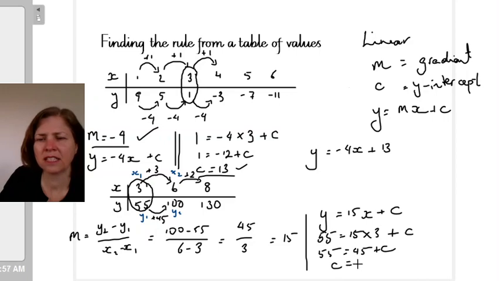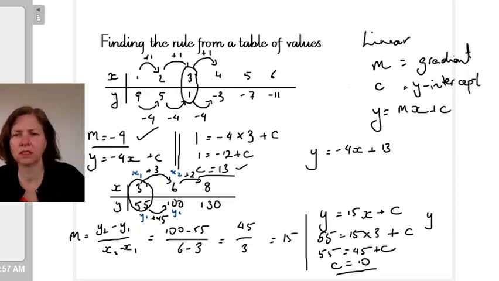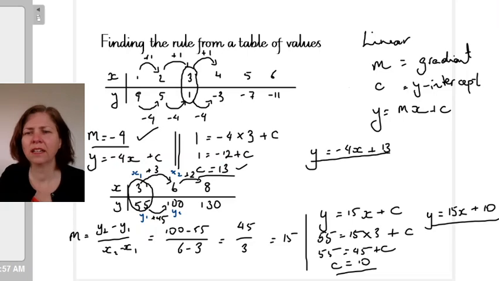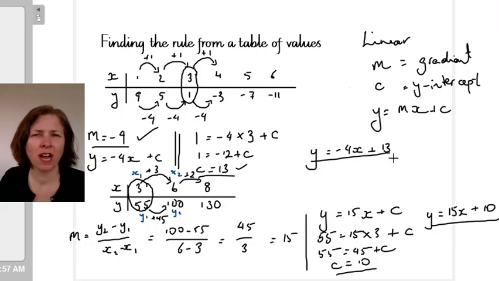I can see that c equals 10. So my equation then is y equals 15x plus 10.